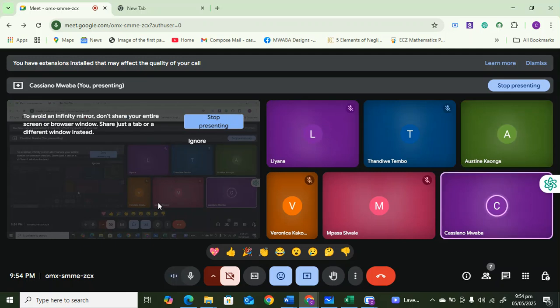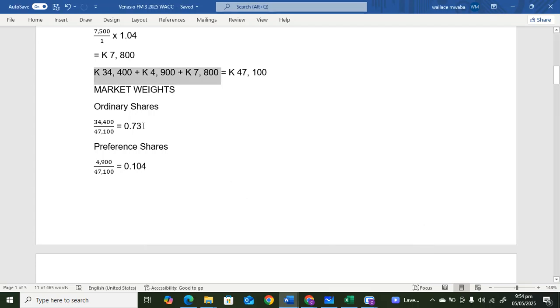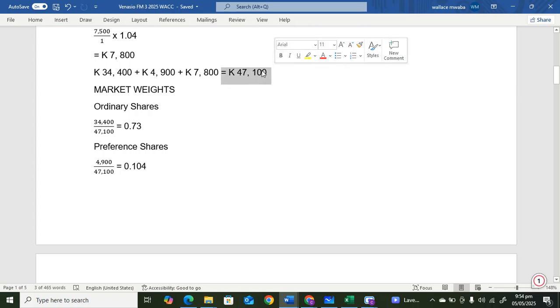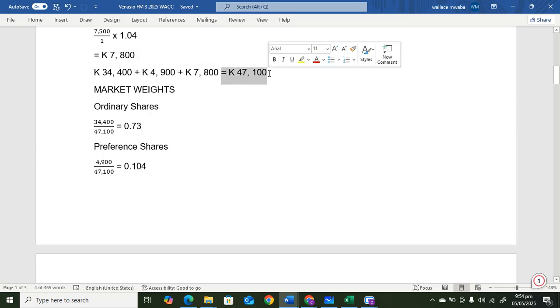There's no par value being used here. Remember, each component you divide by the total. So for equity, which is 34,400, divided by the total market value, 47,100. Preference shares, it's 4,900. To get the weightage, you just divide it by the total value, 47,100.